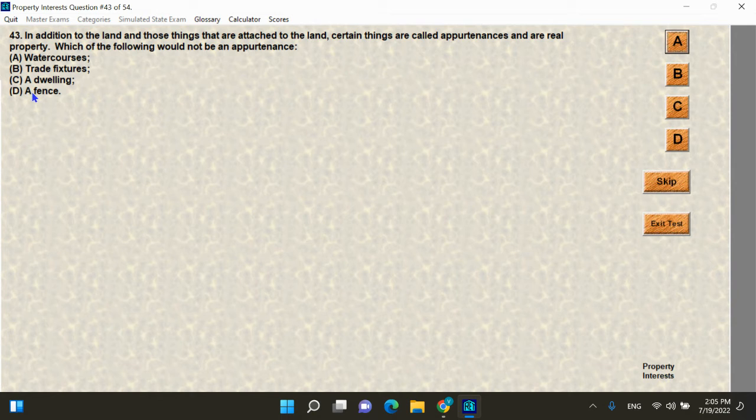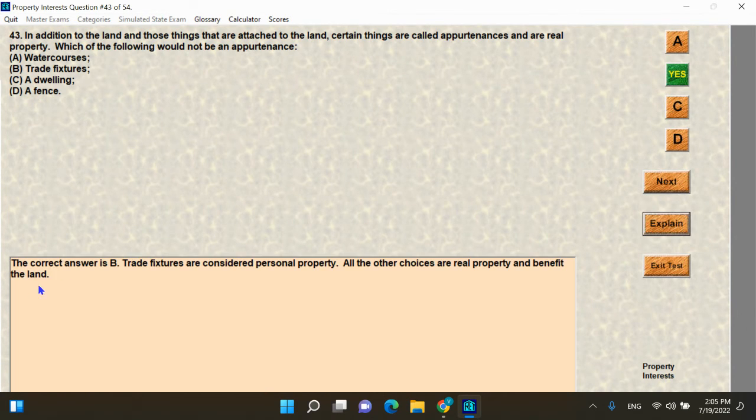D. A fence. The correct answer is B, trade fixtures. The explanation is trade fixtures are considered personal property, all the other choices are real property and benefit the land.